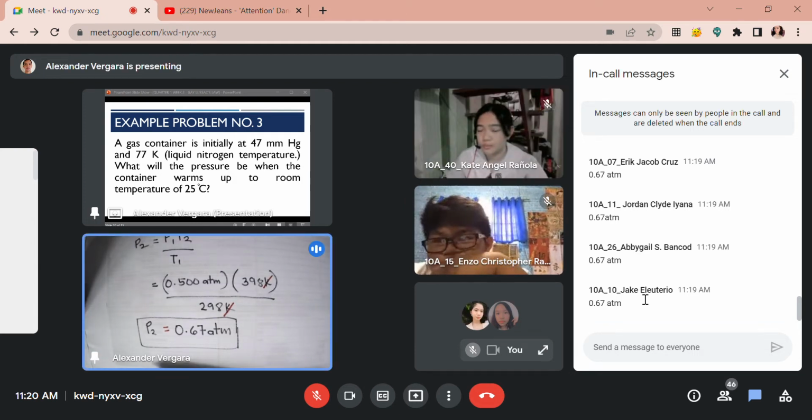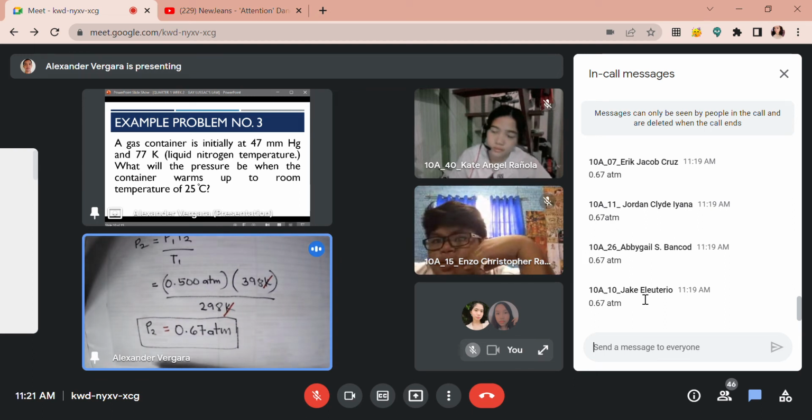So a gas container is initially at 47 millimeters of mercury and 77 Kelvin, liquid nitrogen temperature. What will the pressure be when the container warms up to room temperature of 25 degrees Celsius?